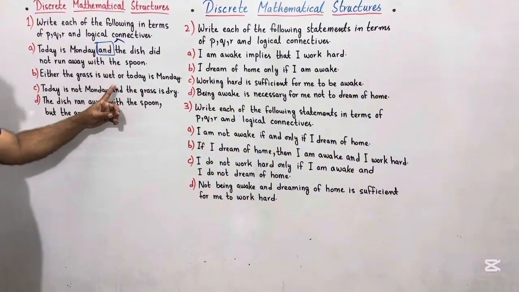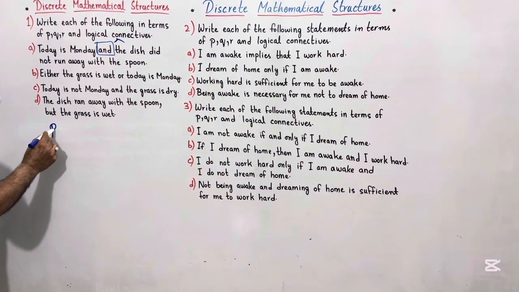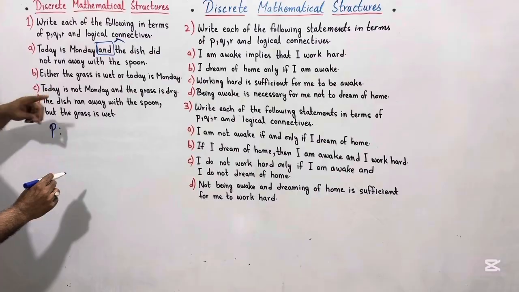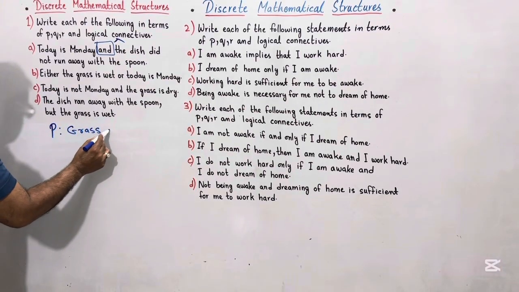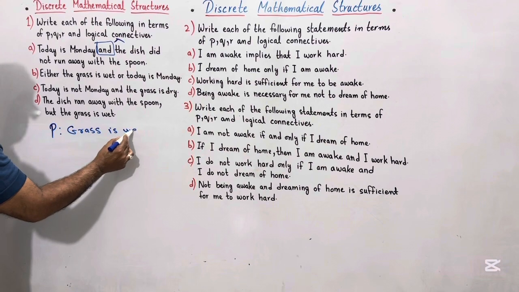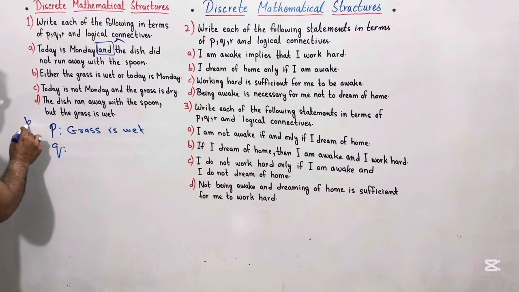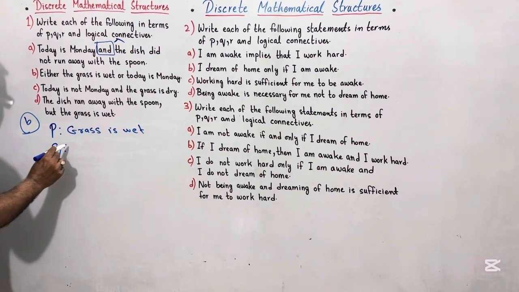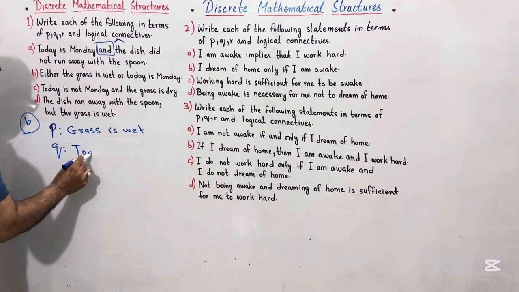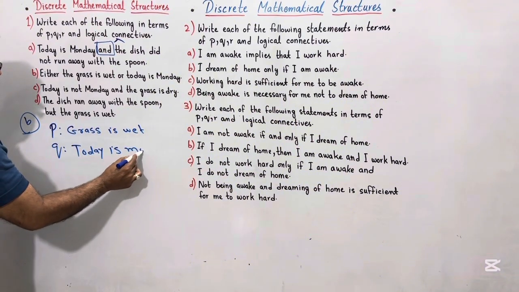Suppose our P is the grass is wet, and our Q in part number B is today is Monday.